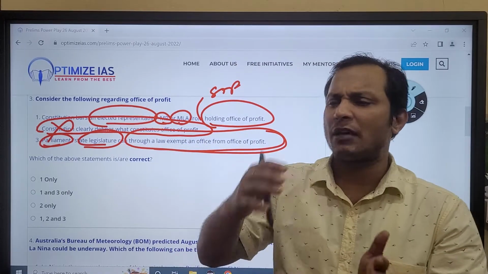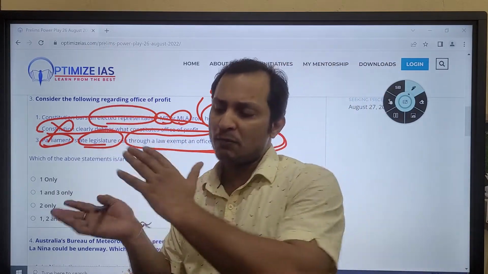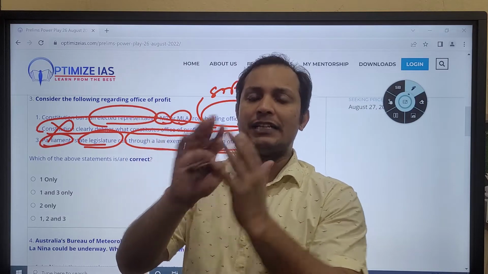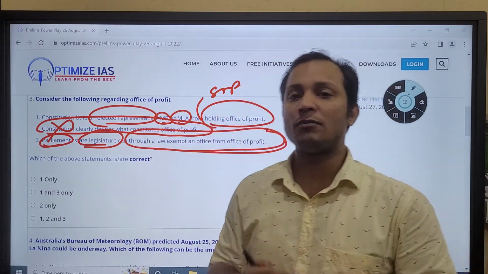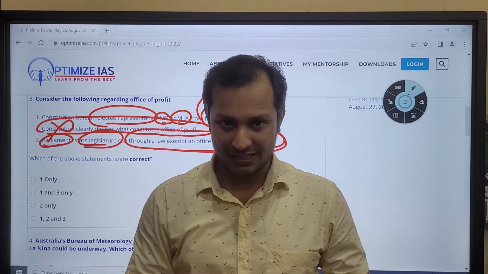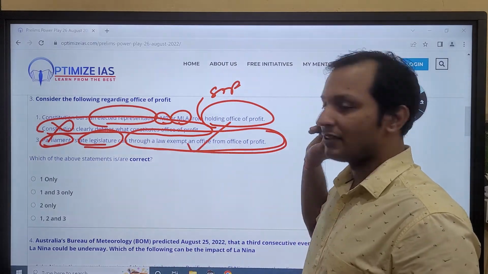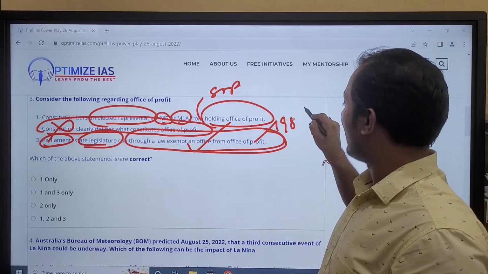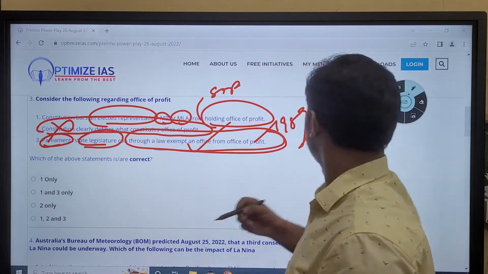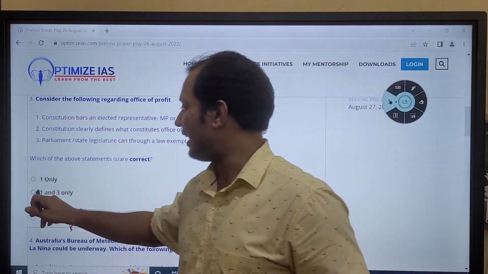This act has been amended n number of times, and more offices are enlisted in it which are prevented from office of profit disqualification. So this statement is also correct, because the 1959 act is there. Clearly the answer would be 1 and 3.